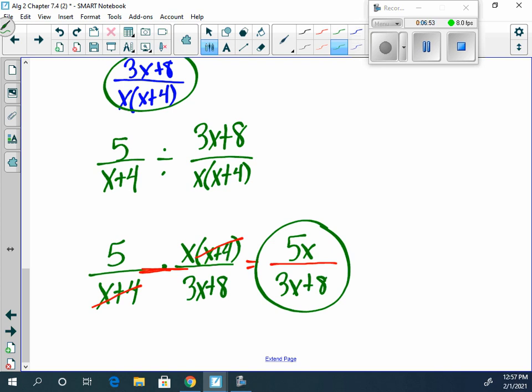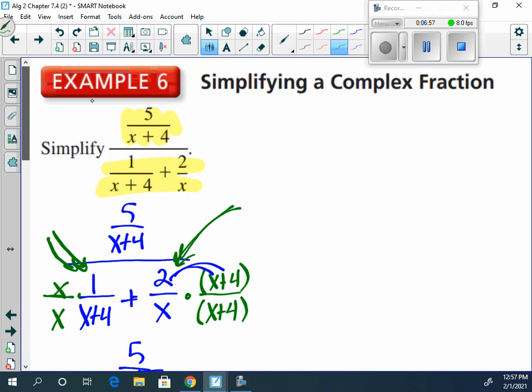Now, there are going to be restrictions for this. But we're only going to look at them from the start. What's going to make the denominators be 0? And we're not even going to look into them that closely, because we're really just seeing what's going to make these spots equal 0.